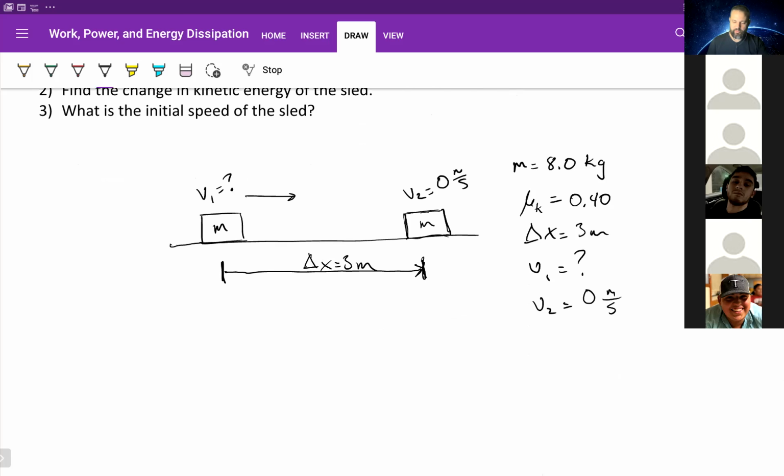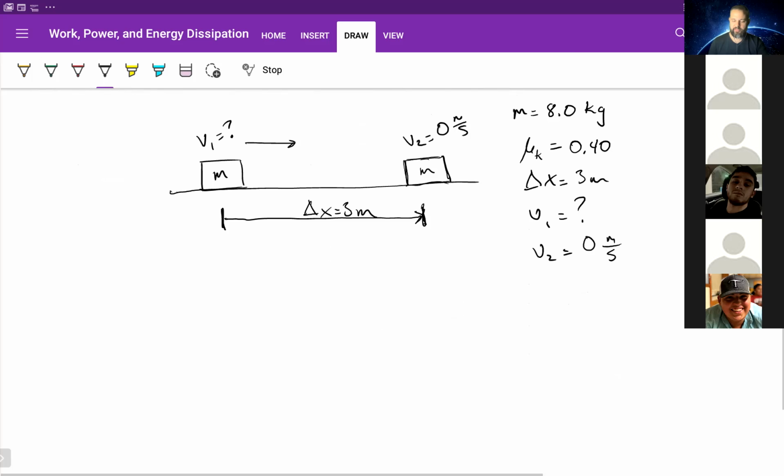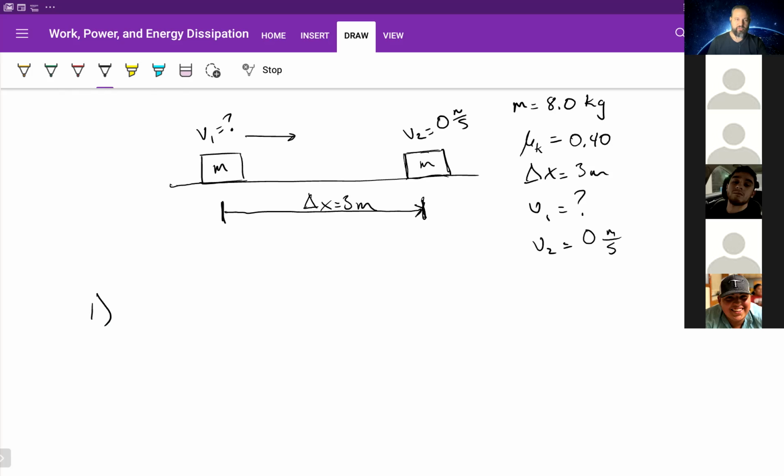So we drew it out. We understand the problem. We see what direction things are moving, what the displacement is, all that good stuff. We have everything that we need in a nice, concise little picture with all the values on the side so we know what we're talking about. To solve for one, it says the energy dissipated by friction, meaning that it's been taken out.